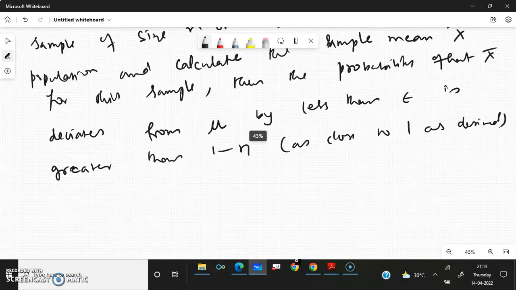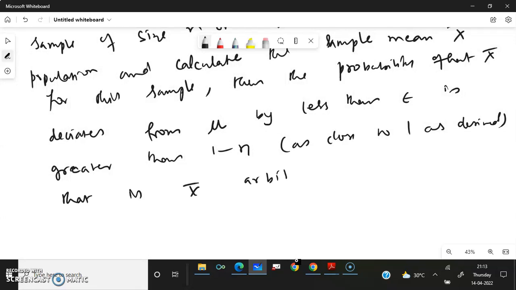That is, x bar is arbitrarily close to mu.